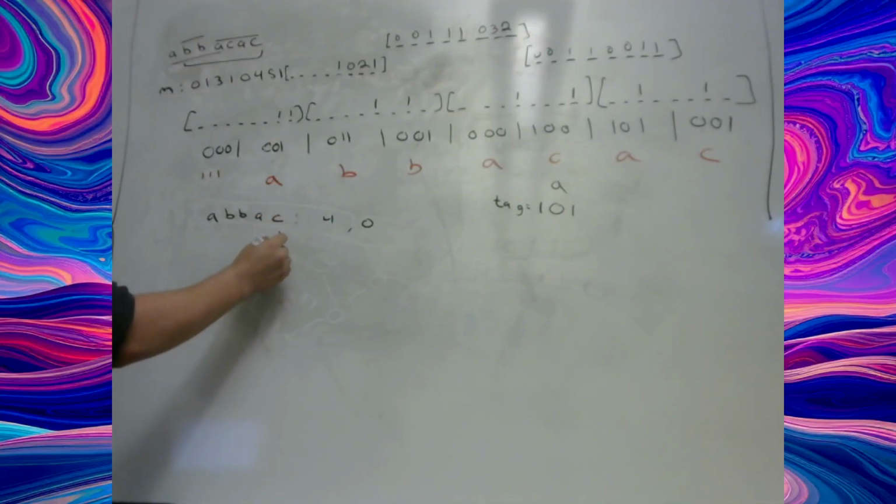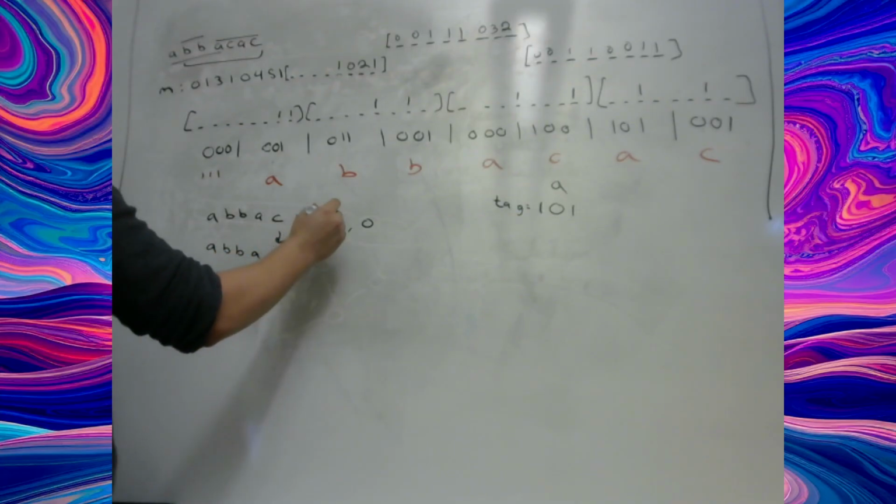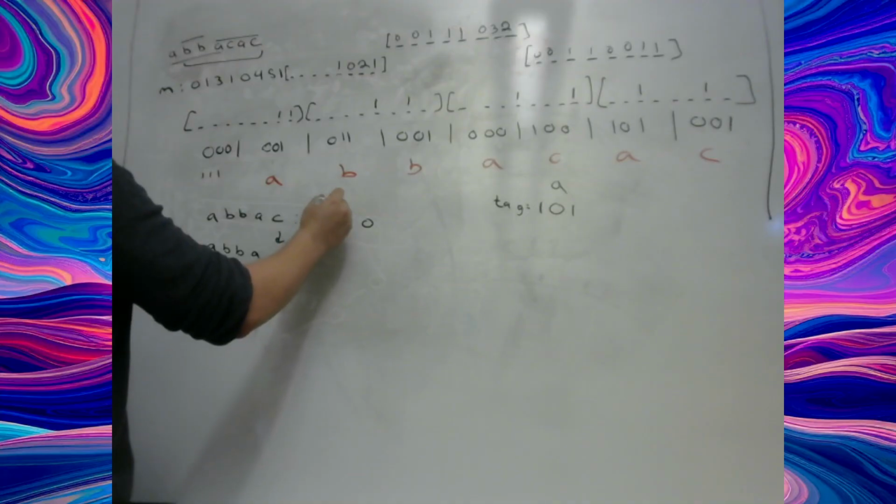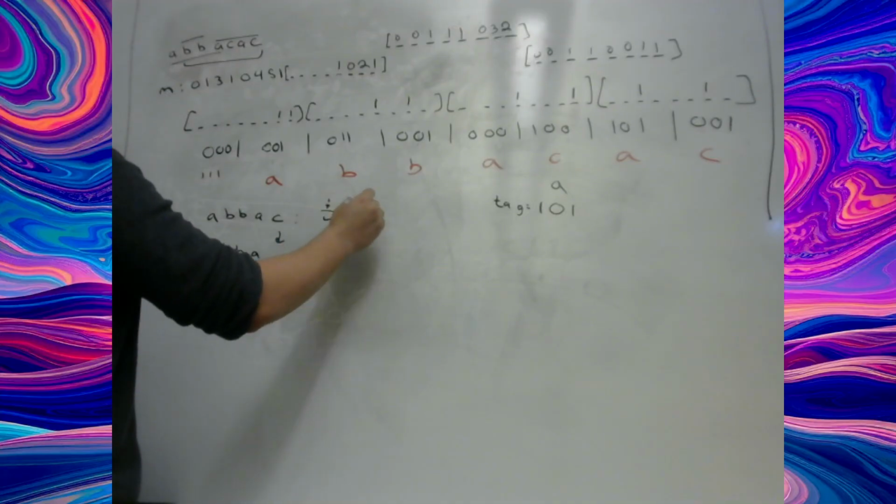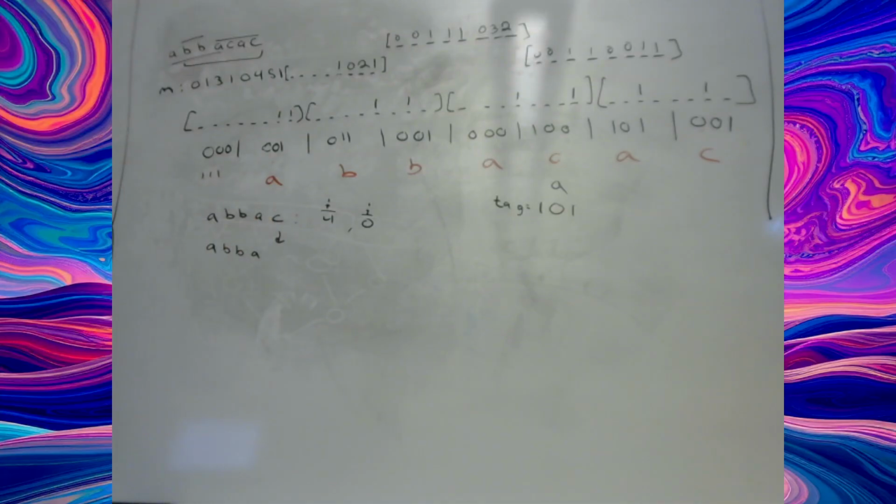When I change this to A now, index 4 is holding 1, index 0 is holding 1.